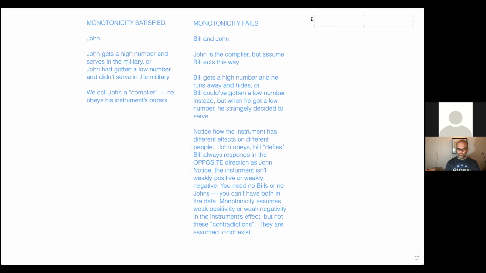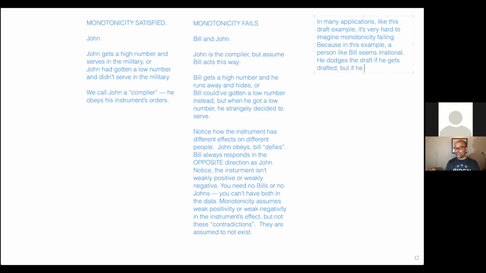In many applications, like this draft example, it's very hard to imagine monotonicity failing. Because in this example, a person like Bill seems irrational. He dodges the draft if he gets drafted, but if he isn't drafted, he volunteers to serve in the military, right? So this is strange.